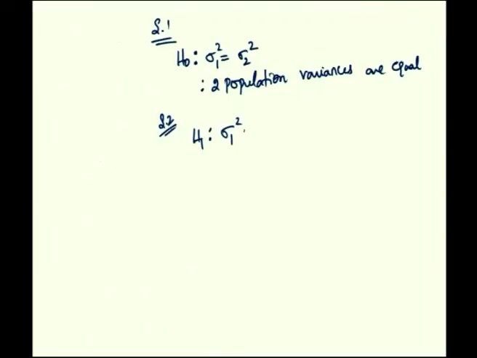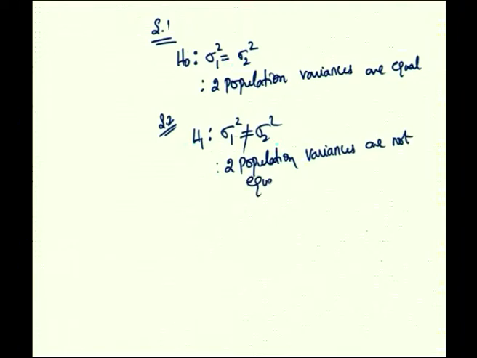Therefore, here we mention H1 as sigma 1 square is not equal to sigma 2 square, exactly the complementary statement of H naught. That is, 2 population variances are not equal.